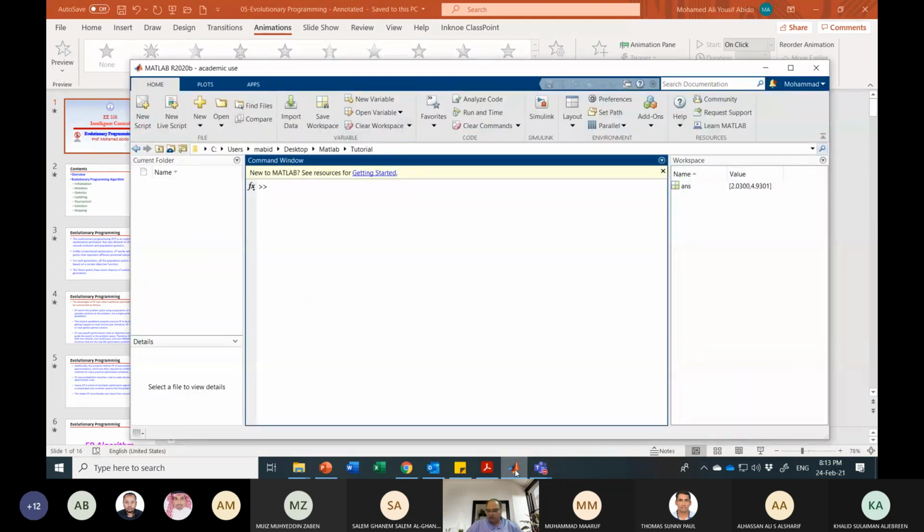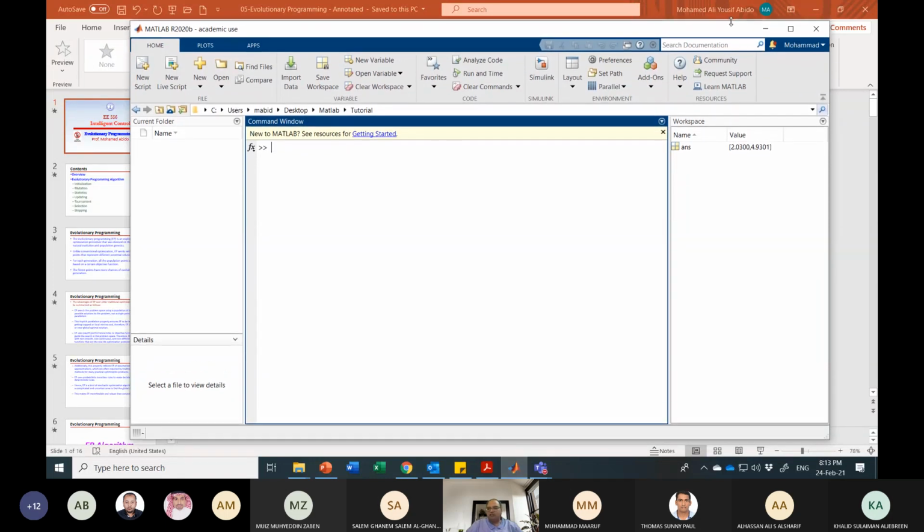Definitely you can enjoy it, and you can go and train yourself. What we will do here is a very simple example of how to use Matlab to solve a genetic algorithm problem. And I think it is just plug and play.